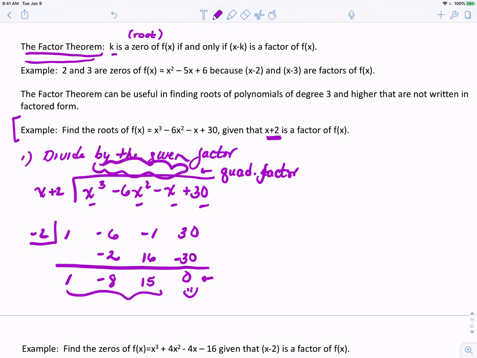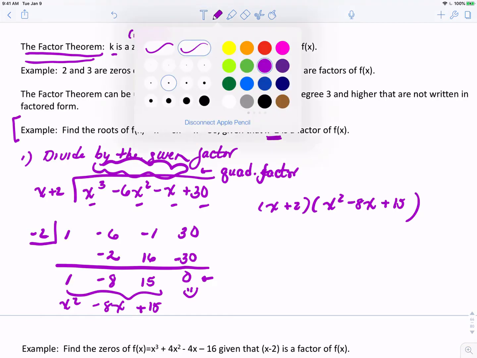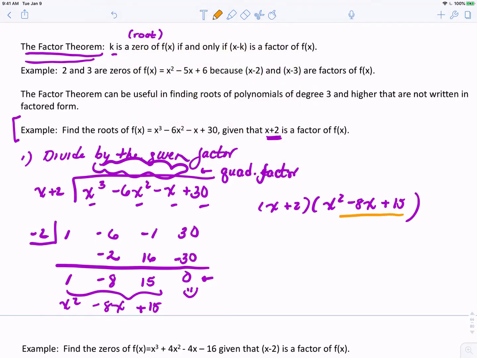So that means that we can factor f of x as x plus 2 as one of the factors, and these numbers help us create the other factor. It would be x plus 2 times x squared minus 8x plus 15. Now what we have is a quadratic.